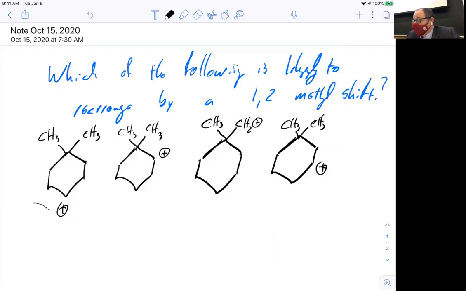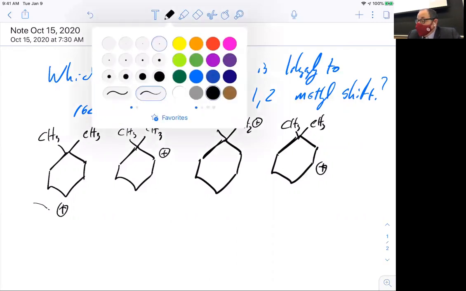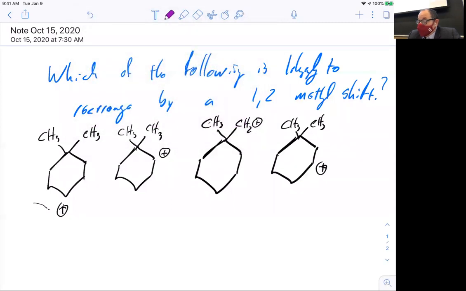It's in my ears. Okay, so if we look at this one, the first thing I would do is start looking at the different carbocations. This is a secondary carbocation, this is a secondary carbocation, primary carbocation, secondary carbocation. The next thing to do is look at what's next to it. Here I have a secondary position.